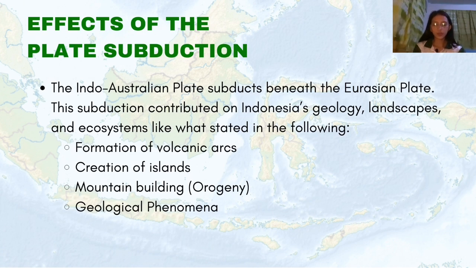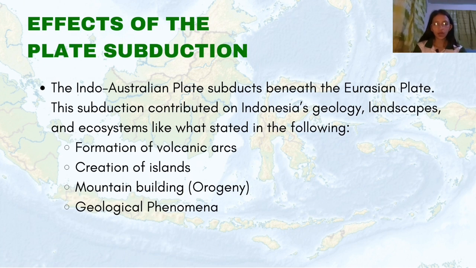As the oceanic portion of the Indo-Australian plate subducts, it melts upon reaching hotter regions of the mantle. The generated magma rises to the surface, forming volcanic arcs. Example nito ay ang Sunda Arc sa Indonesia, where we find famous volcanoes like Mount Krakatoa and Mount Merapi.